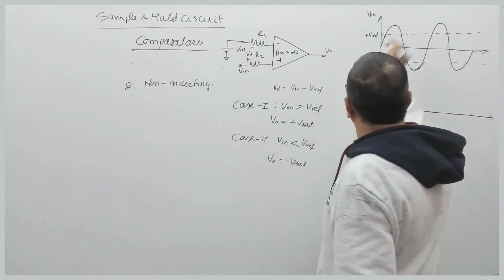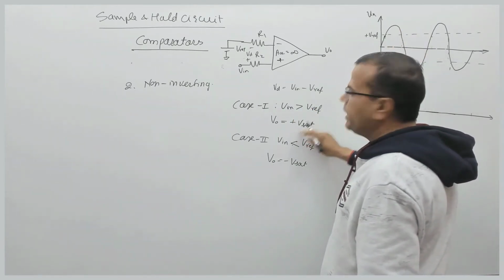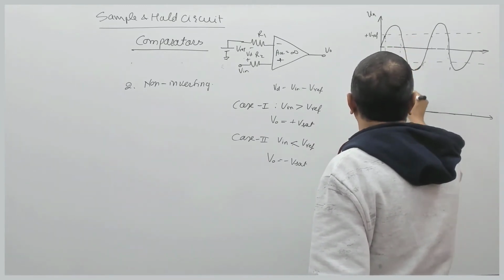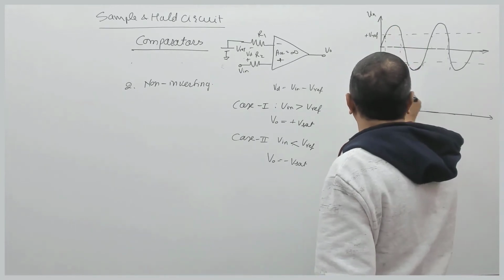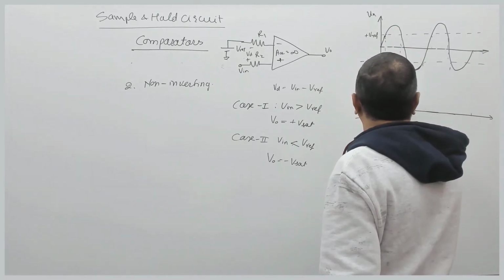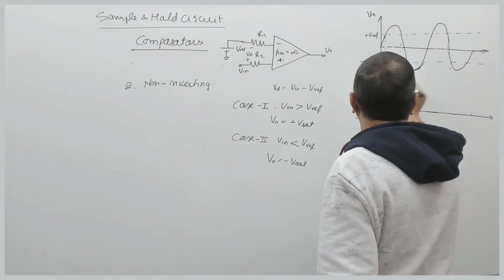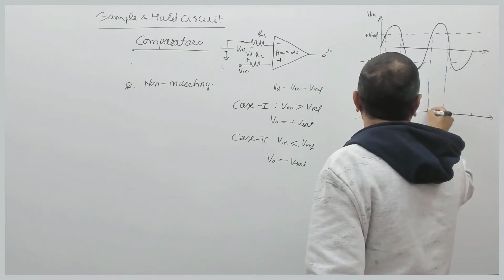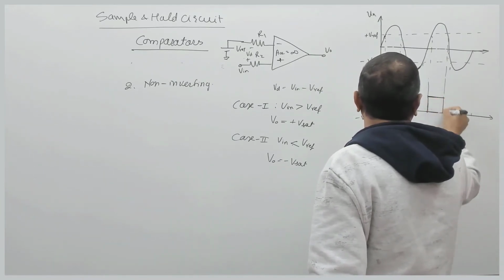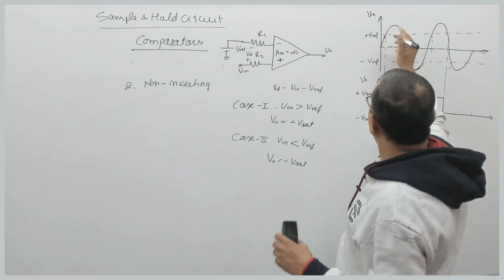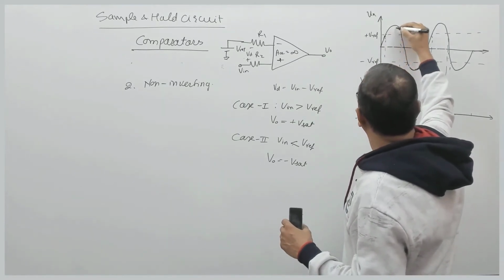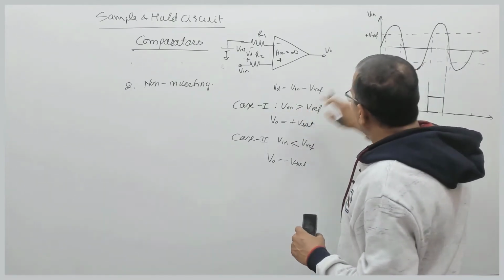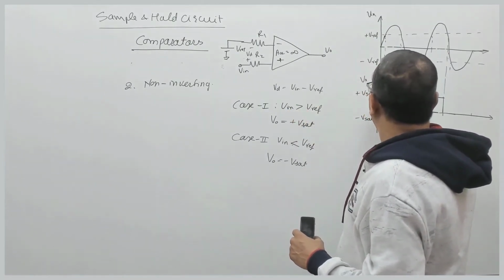So when input is more than reference, output is plus Vsat. If you draw these references here, when input is more than Vref, output is positive. When differential input is positive, output is positive. Please see it carefully again. Where input voltage is more than reference, output is plus Vsat, right?